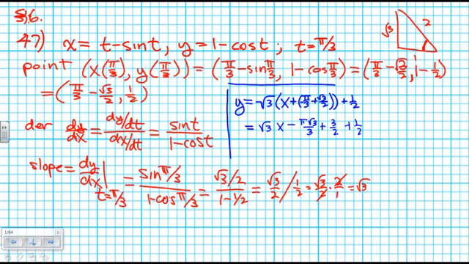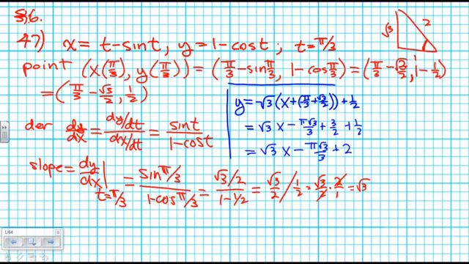Did I make a mistake? I think it's minus, because when you did the point right there, there's a minus there, but I distribute the negative sign through those two terms. Right. All right? And that ends up being root 3 x minus pi root 3 over 3 plus 2. That's what I think the answer is.